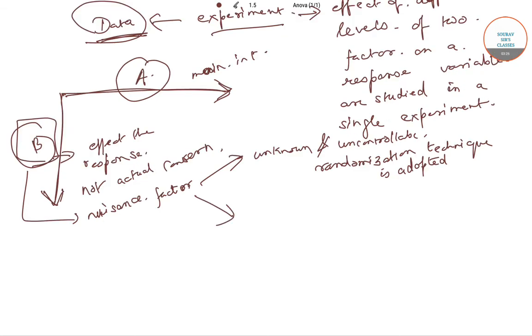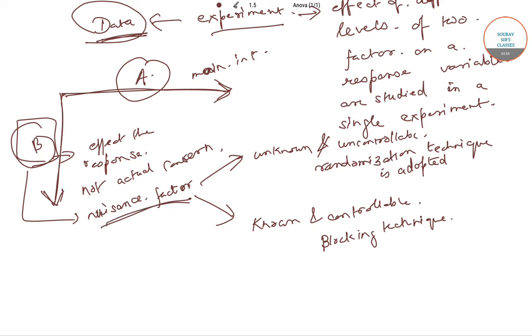And if this nuisance factor is known and controllable, then the blocking technique is used to eliminate the effect of this nuisance factor on the response.